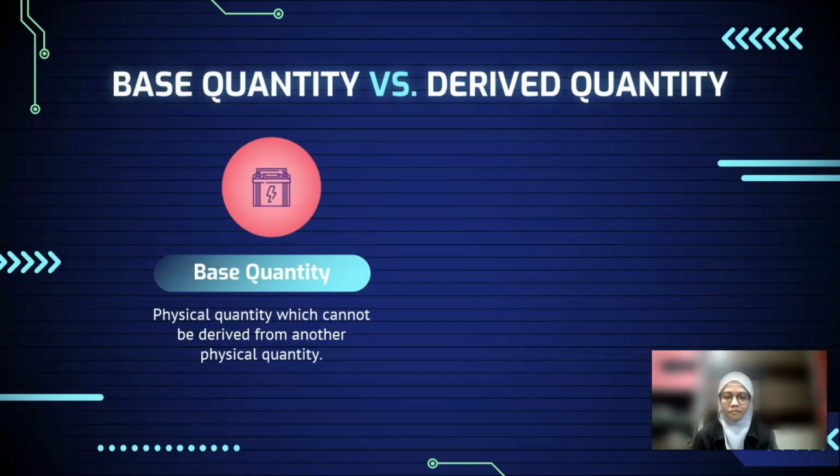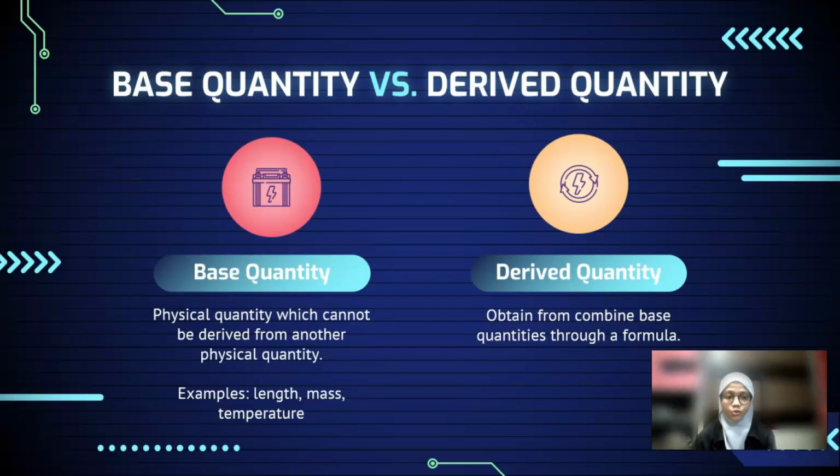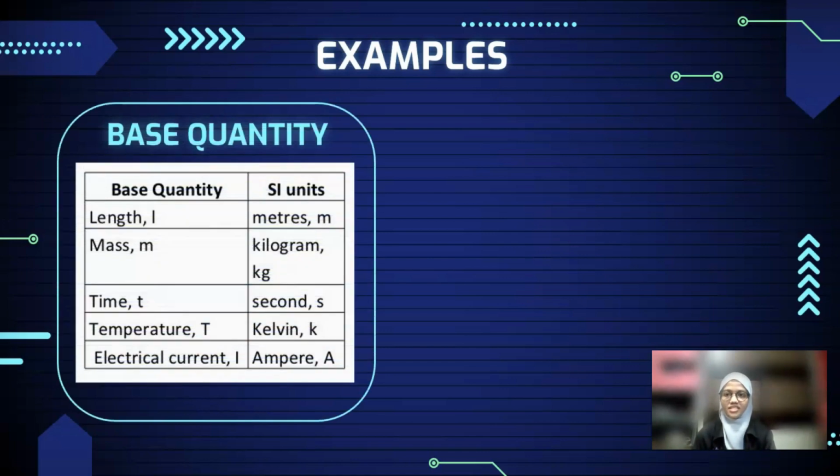For example, length, we can get the length by using a ruler, mass, and finally temperature by using a thermometer. For derived quantity, we can obtain derived quantity from the combination of base quantities through a formula. For example, area. Next, volume. And finally, density.